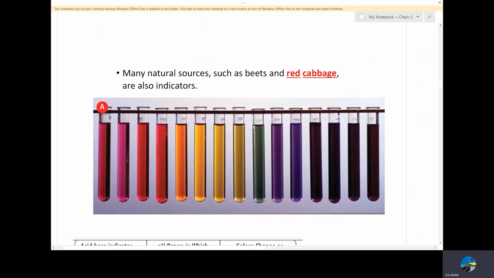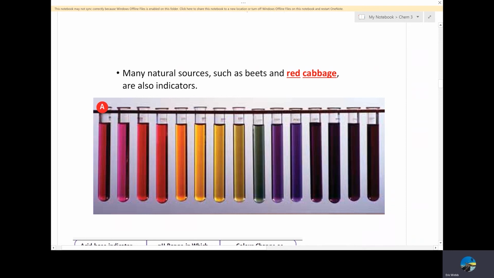You can also make indicators from natural sources. Many fruits and berries can be juiced as an indicator. One very useful vegetable source for indicators is red cabbage.